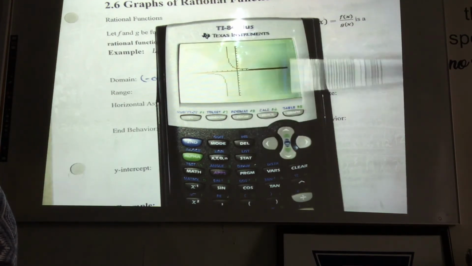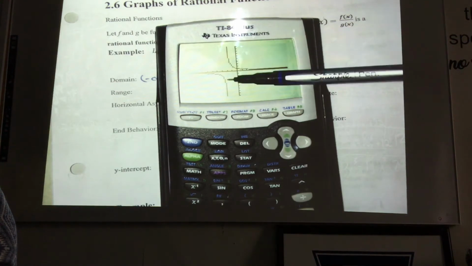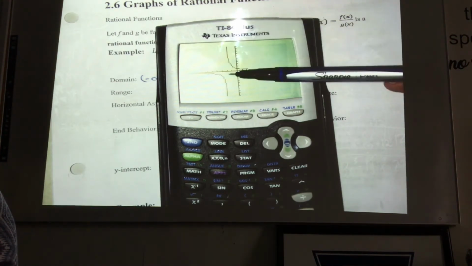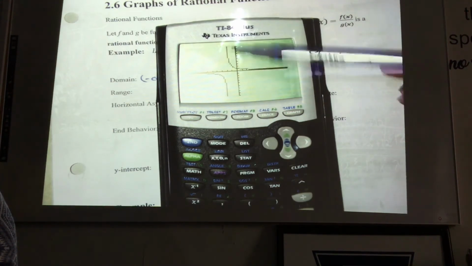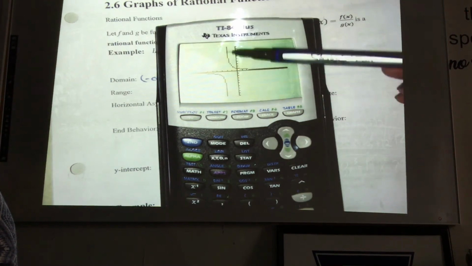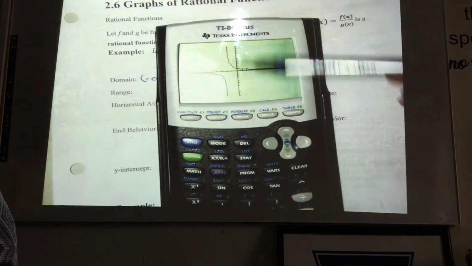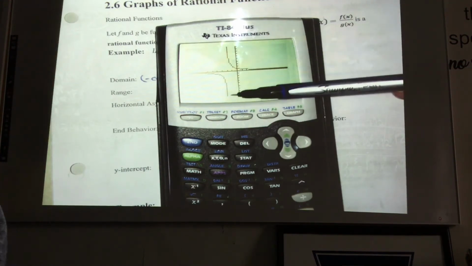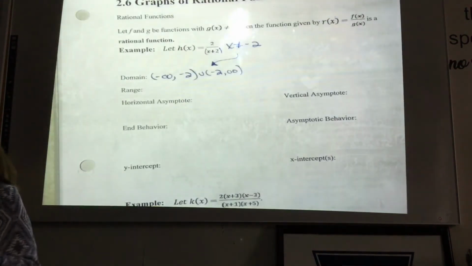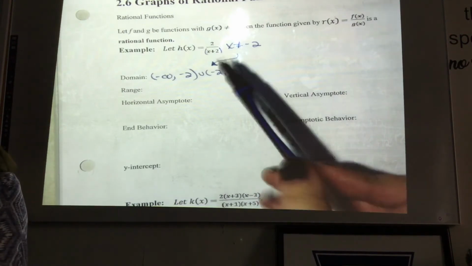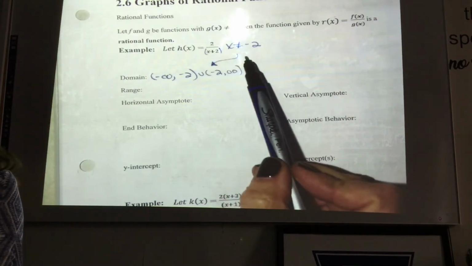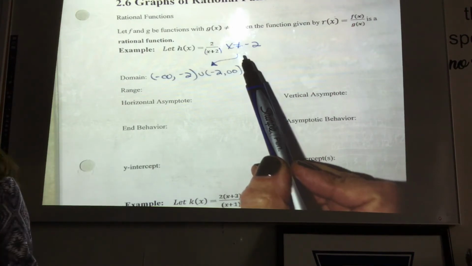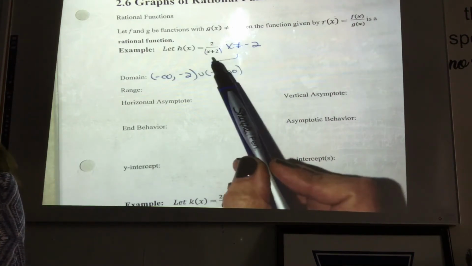Because of that, watch my Sharpie pen. What am I invisibly drawing right here? What kind of an asymptote? Okay. Stay with me here. Algebraically, we found a restriction. Was that very hard to do? No. We just set that equal to 0, saying it can't be.